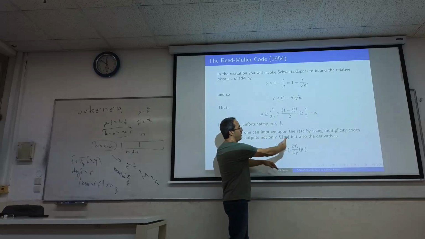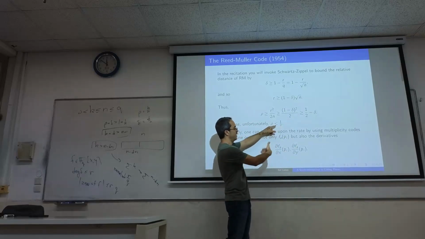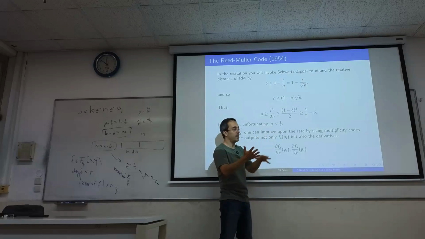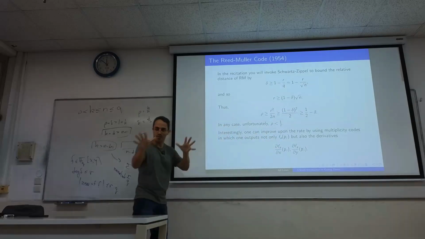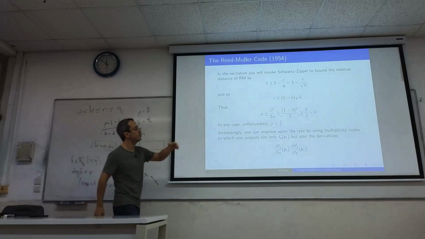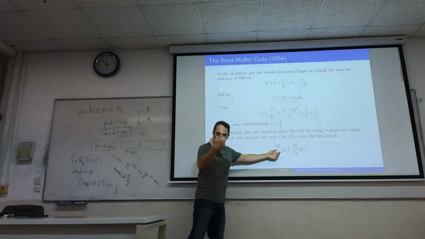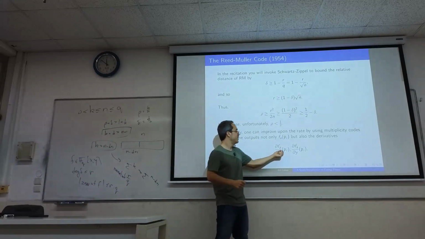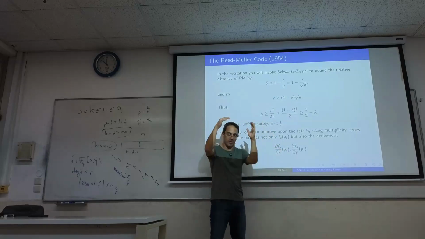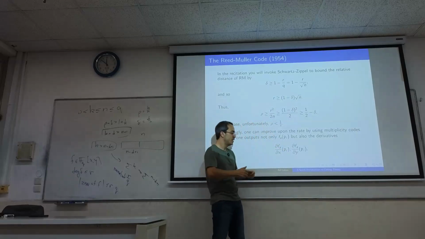And when you add more partial derivatives, like second derivatives and so forth, you can get this close to 1. But then the alphabet size also increases, so it's kind of a game to play there. These are called multiplicity codes because they use the multiplicity of the root. I mean, the fact that pi is a root of f, which means that f of pi is 0, is one thing.